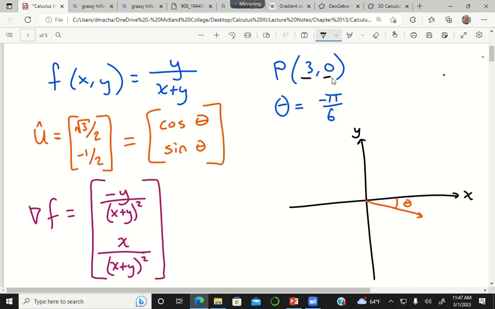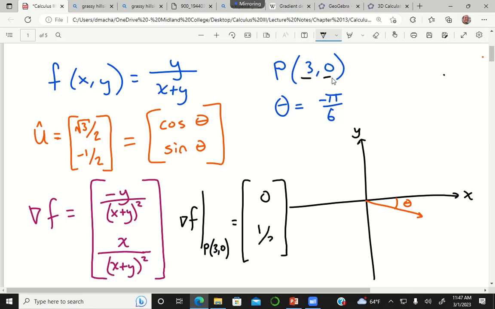If I wanted to evaluate the gradient of f at the point 3, 0, this would be the vector negative 0 over, who cares, it's a 0, and then 3 divided by 3 plus 0 squared, so 3 divided by 9, so 1/3. That would be my gradient vector specifically at the point 3, 0.